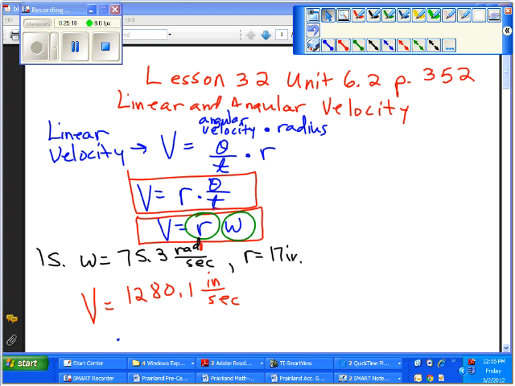We're not really going to plug the value of a radian in. We're just going to say 1,280.1 inches per second. The radian idea was in the angular velocity. It's in the back of our mind, but it's not a part of the calculation as far as how far we went in inches.